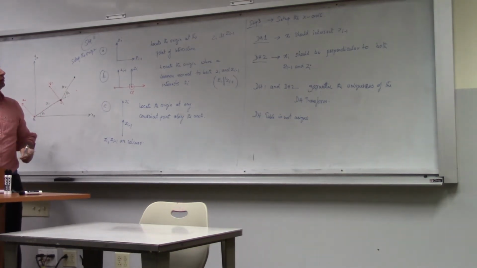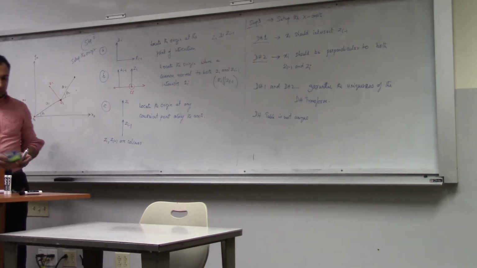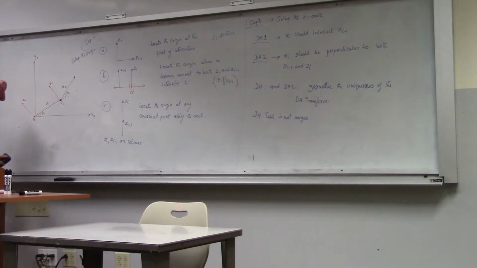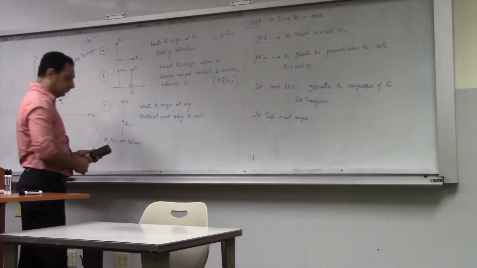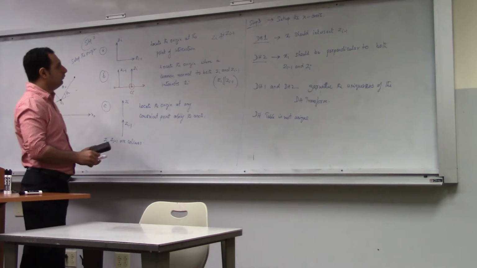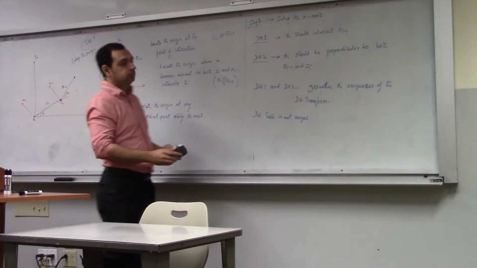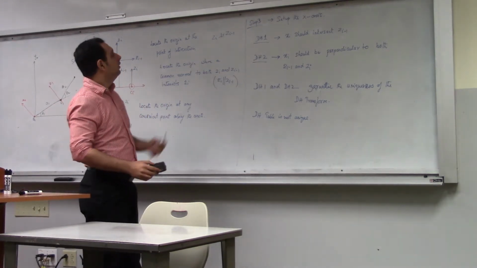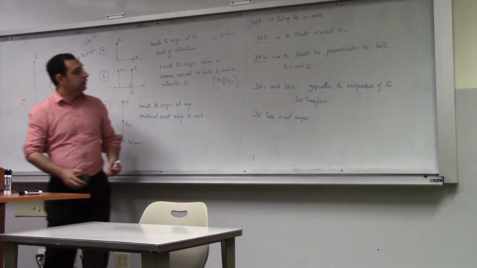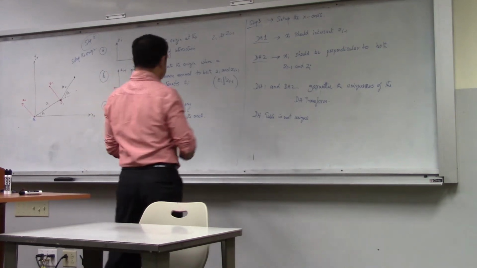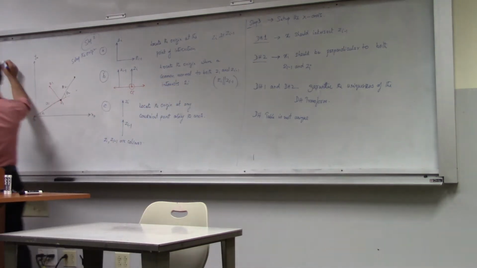Let's write that down so I can have some board space. To bring that one down. No, that covers this, right? So I cannot use it. What's the DH table? DH table is the same thing.